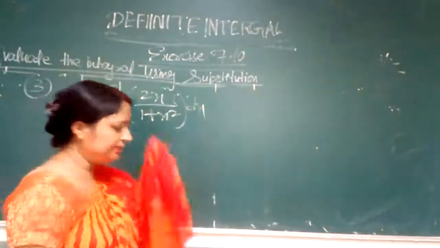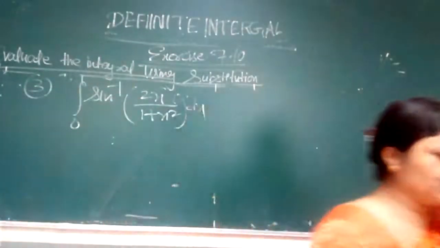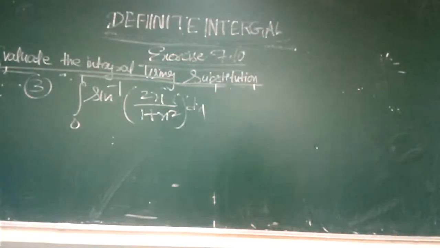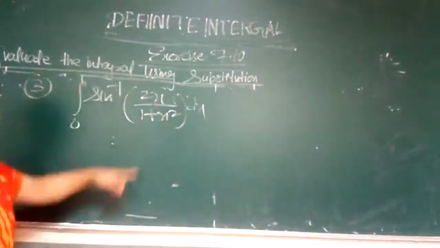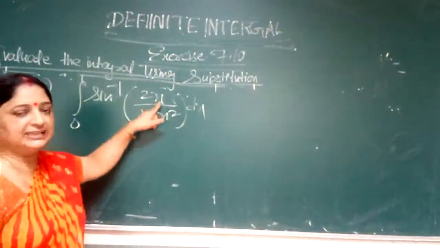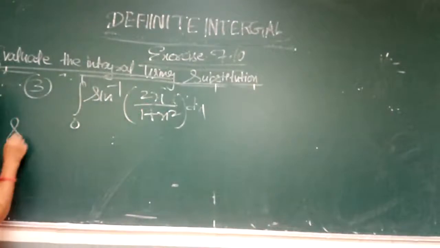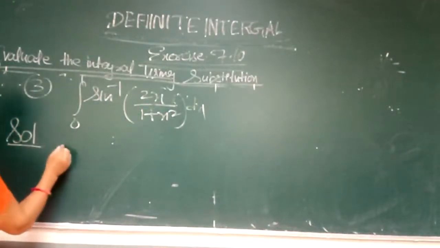Now students, we have to solve this question by substitution method. Now you can see here we can make the formula by putting x is tan theta. So let us start the solution.